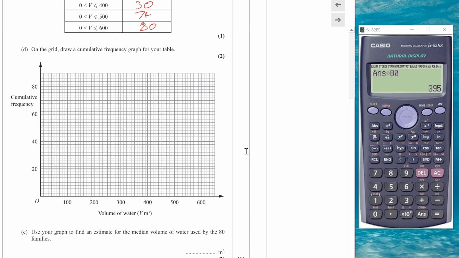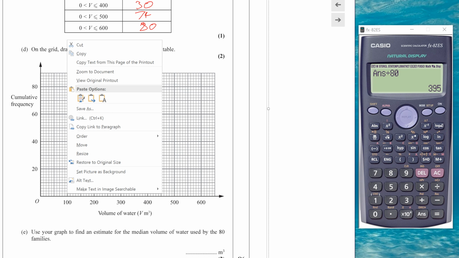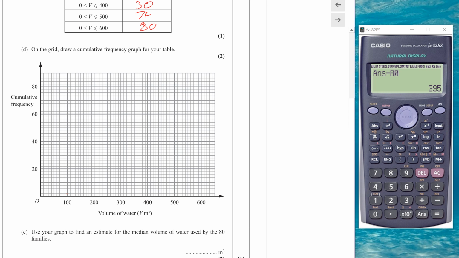So if we plot that, as we look at our scale, we've got 20 taking up 10 squares on our y-axis, and so 2 is going to be in that position there at 100.